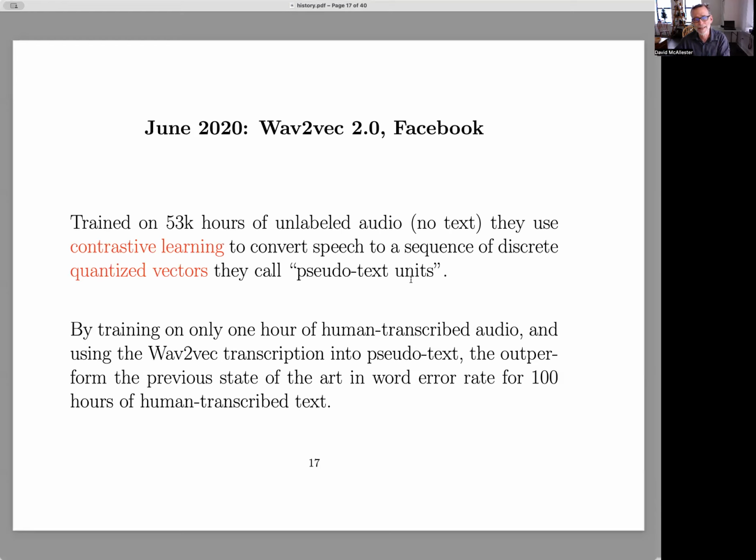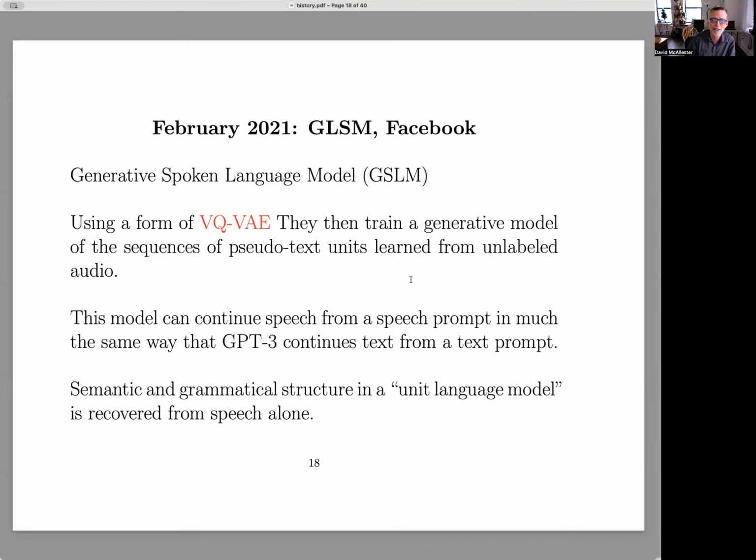They demonstrated that by learning the phonetic units automatically from pure sound, the amount of data you need, which is sound paired with the text, can be reduced by a factor of 100. So it greatly reduces the amount of labeled data you need.